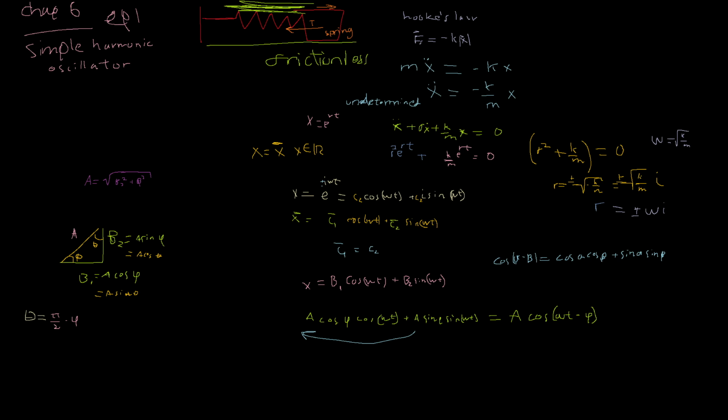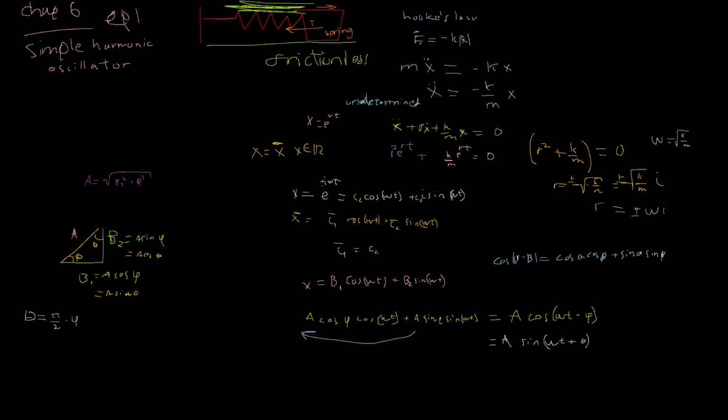That's the relationship there. But if we were to use theta instead, we would get basically the exact same identity, A sine of omega t plus theta.